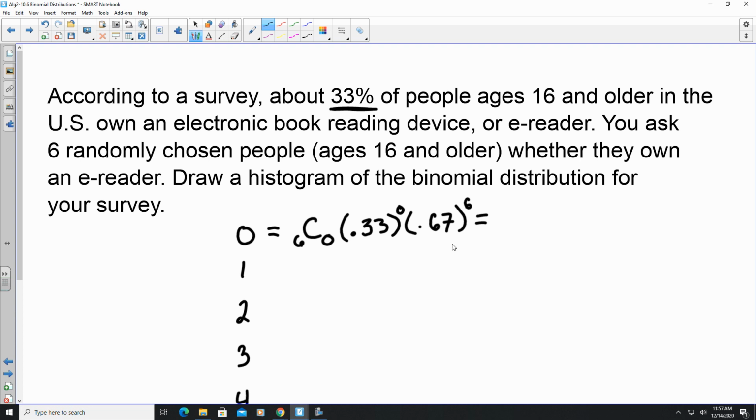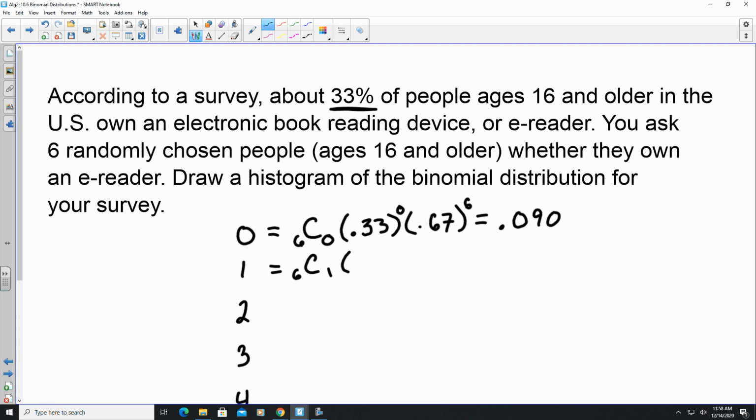Once you've calculated this combination formula and multiplied it all out, you get a result of 0.090, which means you have about a 9% chance of this happening. Now if we look at one of those people being chosen, we're looking at a combination where we surveyed 6 people and one of them said yes.